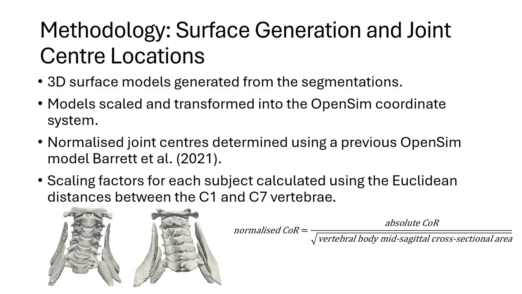Finally, normalized center of rotation coordinates were calculated using the equation shown. As no information about the anthropometrics of each subject was provided in the dataset, a scaling approach using the cervical length of the assembled OpenSim models was applied using the Euclidean distance between the C1 and C7 vertebrae in each model.